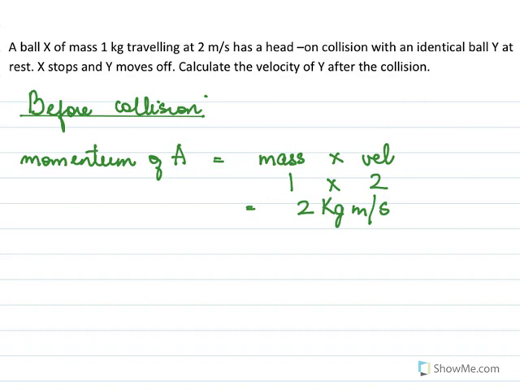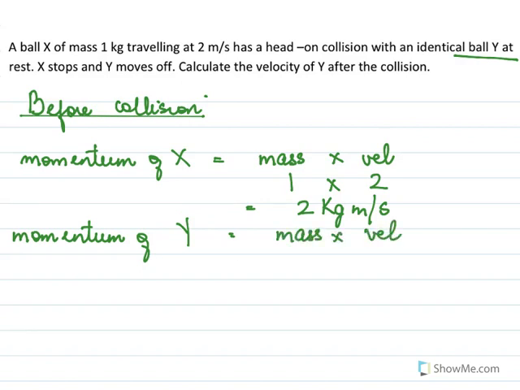That is for ball A. We have yet another ball it collides with, that is Y. So we need to find momentum of Y. Of course, this is not A, this is X. This is Y. Will be mass into velocity.